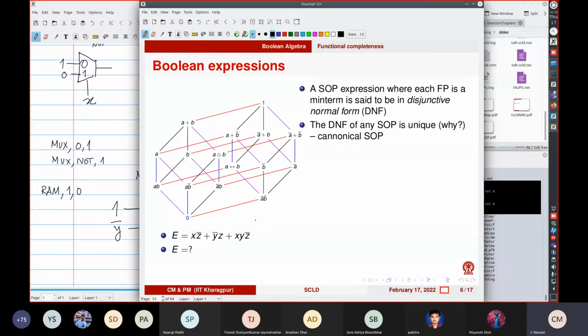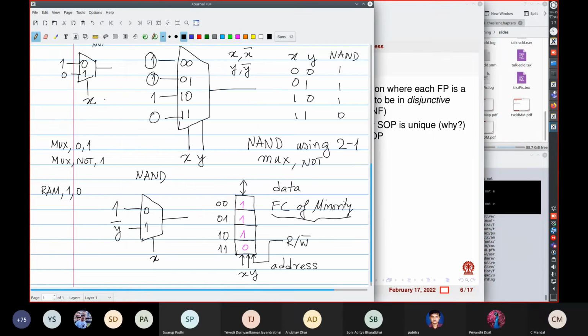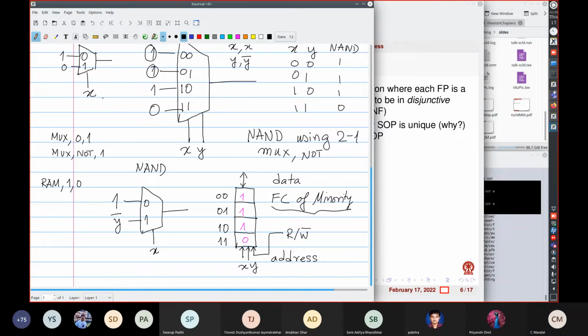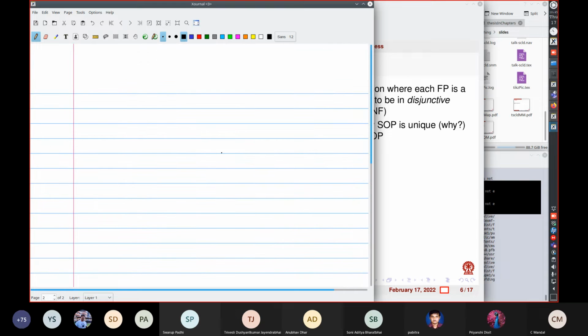One way is that you can evaluate. Suppose you have f1 and f2 defined on x1, x2, and so on, xn. Then you can construct a truth table.